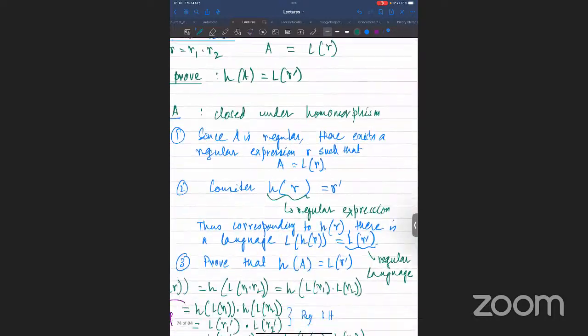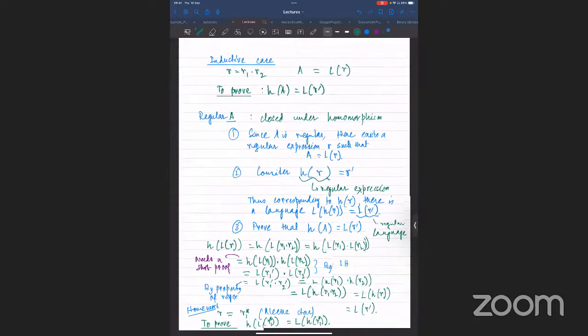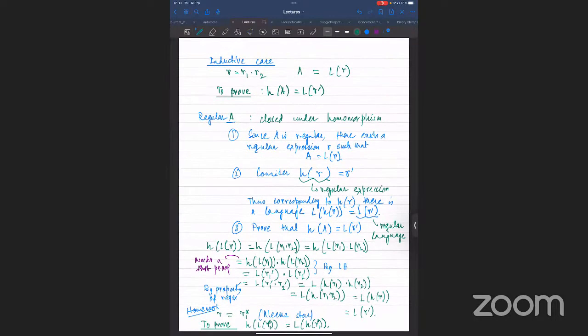And so we were proving, in fact, that regular languages are closed under homomorphism, right? And we were trying to prove this using regular expressions. So what did we do?